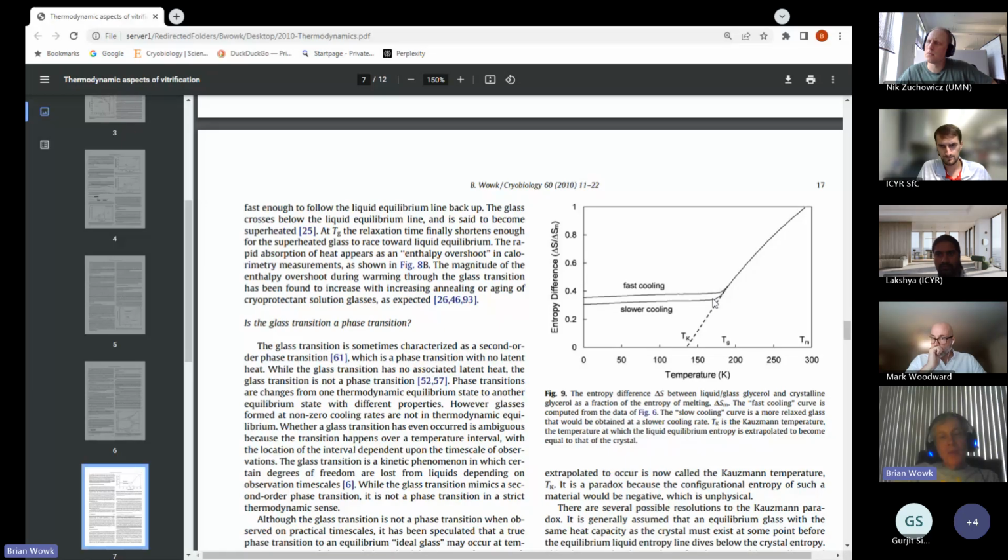But as viscosity increases, it gets harder and harder for them to find configurations that are lower energy that allow them to give up more heat. And what happens as you continue cooling is eventually they sort of give up trying to explore their configuration space to give you more heat.